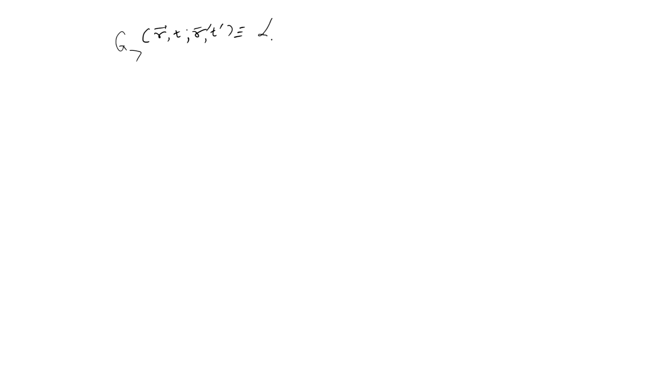Imagine there is some reference state, a starting state. I start with a state S, then I decide to do the following. I create a particle, so that is why it is called the particle Green's function or the particle propagator.